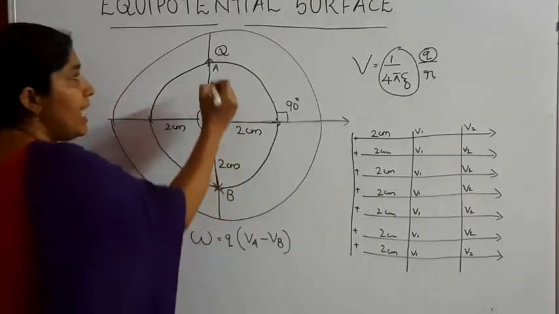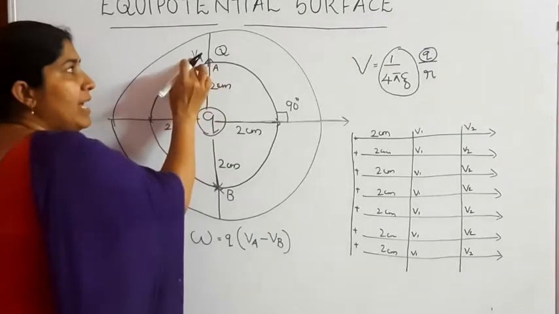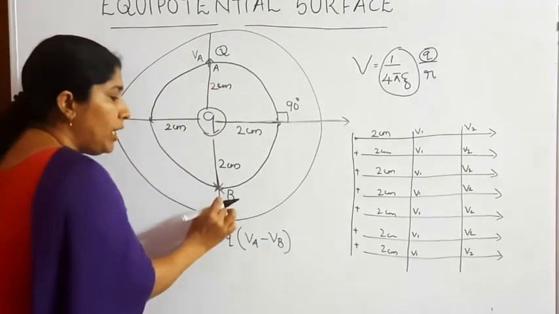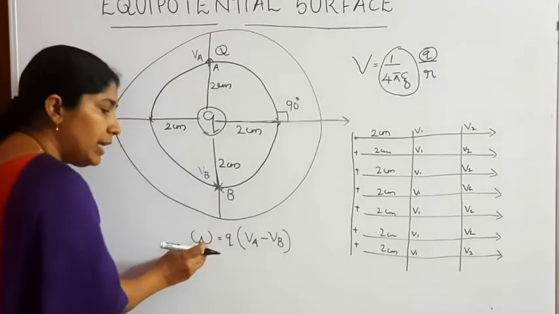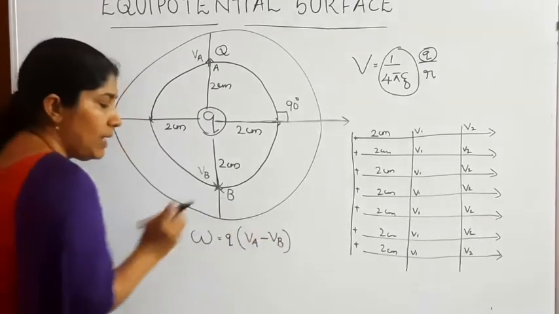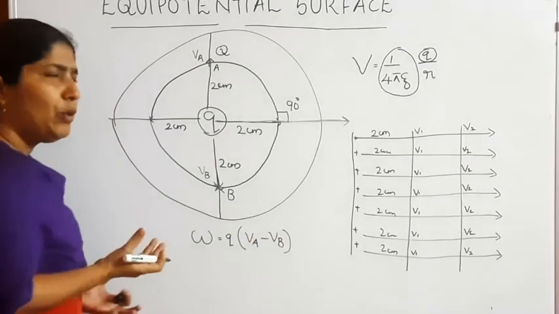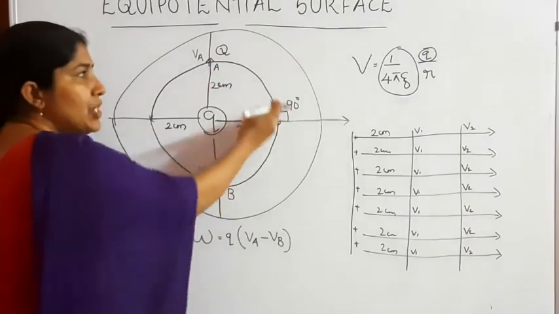VA is the potential at the point A, and VB is the potential at the point B, so work done W is equal to Q into VA minus VB. Now what about VA and VB? This surface is equipotential.